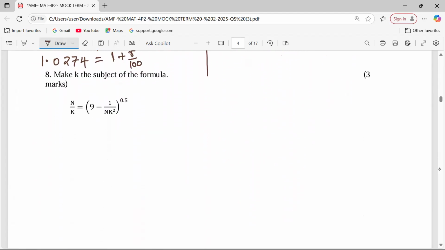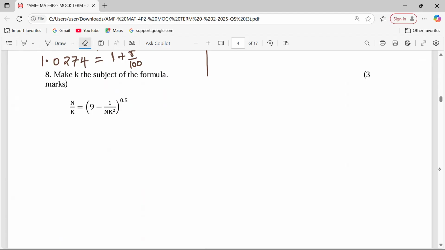At number 8 now. Another good question. Make K the subject of the formula. One thing that we are supposed to understand in this case is that the power here, which is a decimal, can be made a fraction.